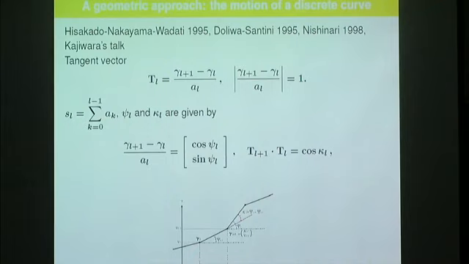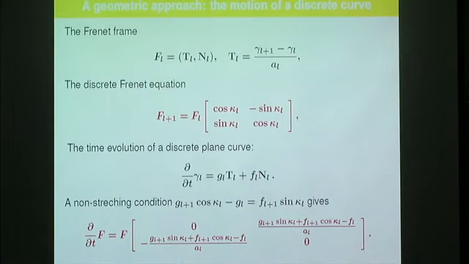And then now we want to discretize this, following Doliwa-Santini or Kajiwara-san's talk. Now we consider the discrete curves here. And everything we follow from Kajiwara-san's talk. Then here we get the discrete Frenet equation and the time evolution.